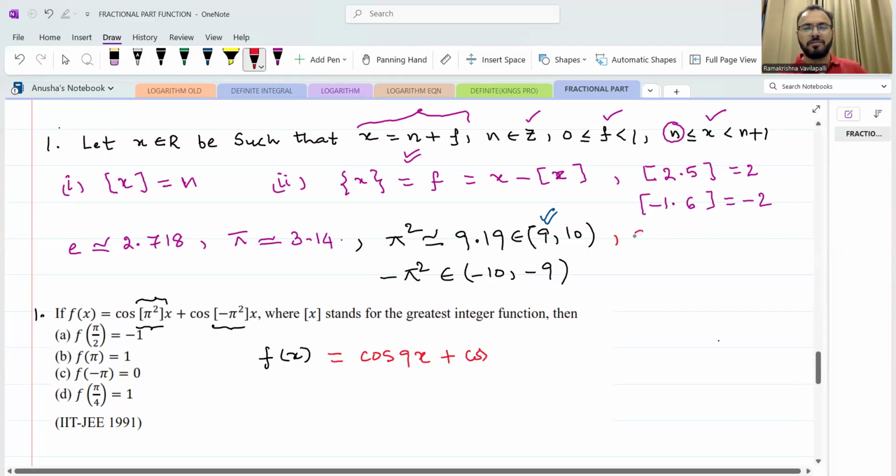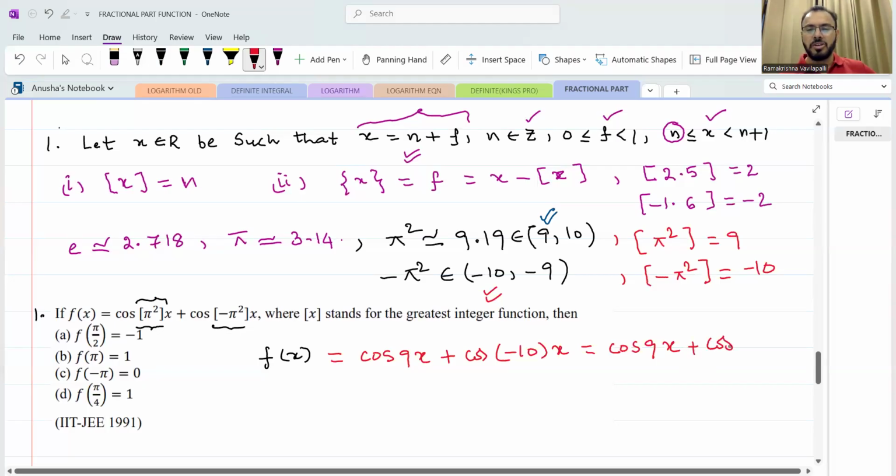Integral part of pi square equal to 9 and integral part of minus pi square equal to minus 10. You always remember that we consider the left integer. So this is cos of minus 10x. So now we got a function cos 9x plus cos of minus 10x. Cos of minus x is same as cos x, so I can write this as cos 9x plus cos 10x.